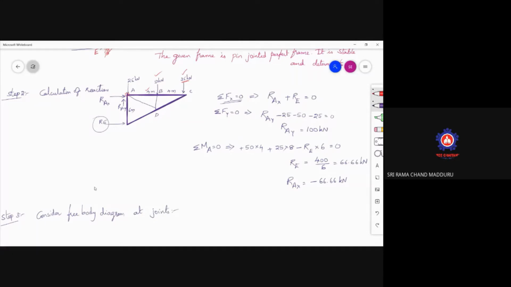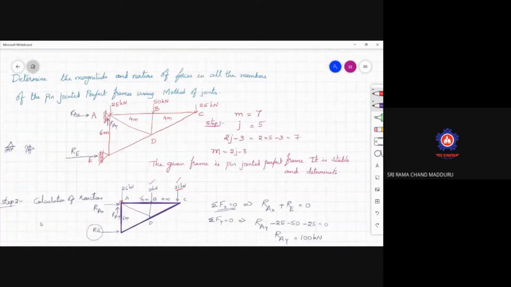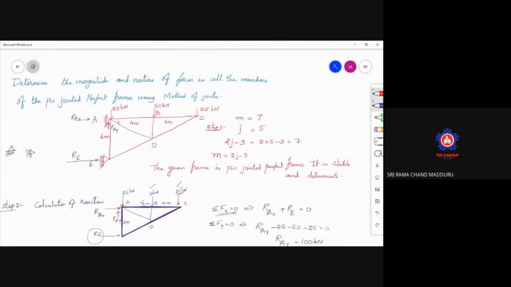So which joint do I need to consider? Just go to your problem: A, B, C, D, E. Shall I consider my free body diagram at A, at B, at C, at E, or at D? To start your problem, where do you need to consider?